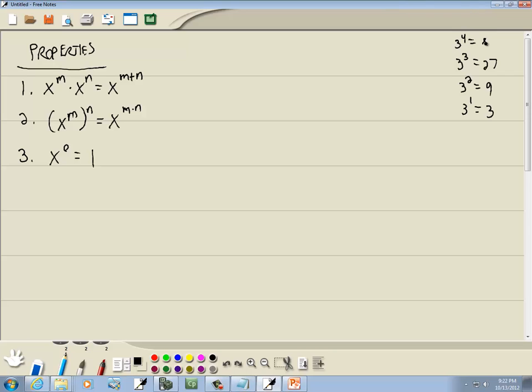And 3 to the fourth is 81. If I go up on this, 3 times 3 is 9, 9 times 3 is 27, 27 times 3 is 81. Going in reverse, 81 divided by 3 is 27, 27 divided by 3 is 9, 9 divided by 3 is 3, 3 divided by 3 is 1. By definition, anything to the 0 power is always 1.